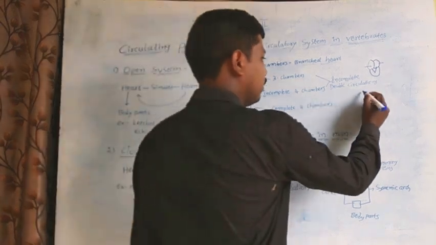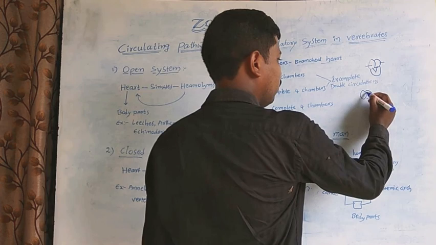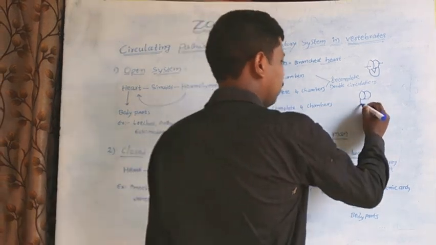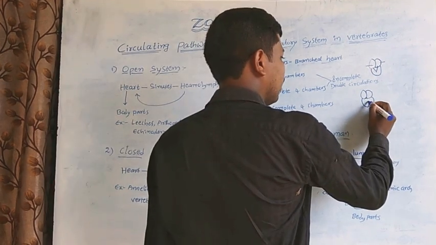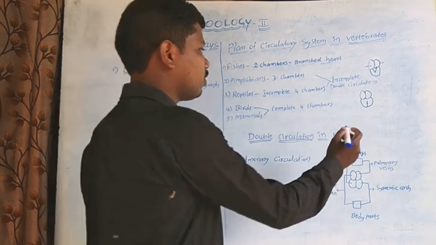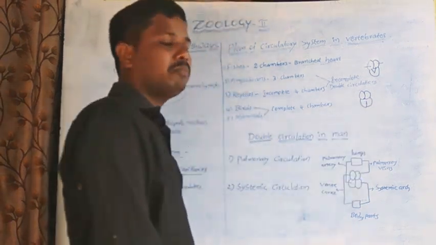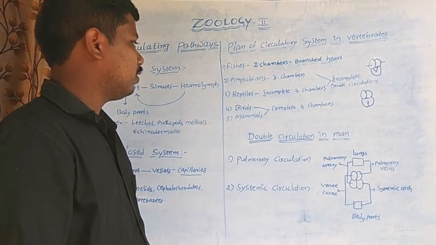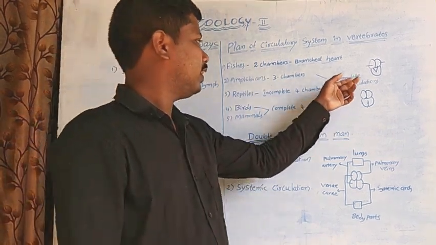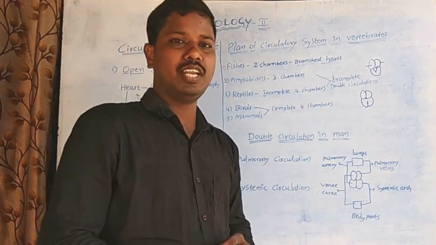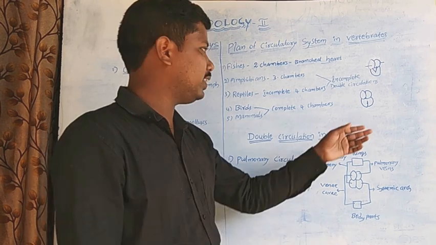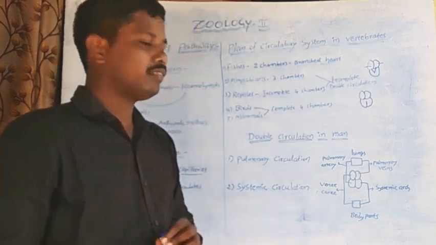Here, the two upper chambers are divided separately, but the lower ventricles are partially divided. Hence it is called an incomplete four-chambered heart. Amphibians and reptiles exhibit incomplete double circulation.